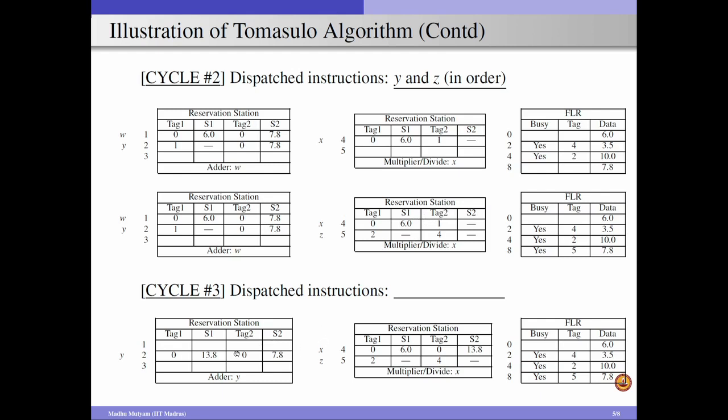Previously this entry had 1 in the tag field and there was no value in S1. Now it becomes 0 in the tag field and 13.8 in the source field. Similarly, here the tag field had a 1 and the source field had stale or don't-care data. Now the tag has a 0 and the source field of this instruction has 13.8.